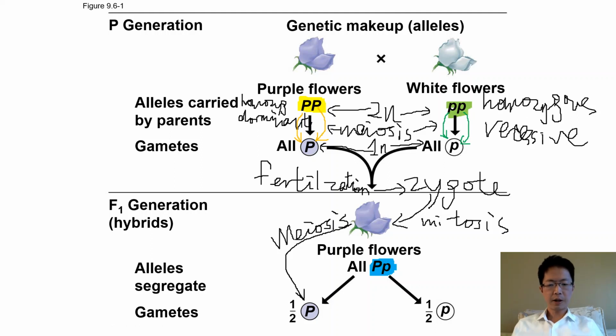When this F1 hybrid adult forms gametes through meiosis, some of the gametes will get the big P allele, okay? Some of the gametes will get the small p allele. The ratio is approximately 50-50%.